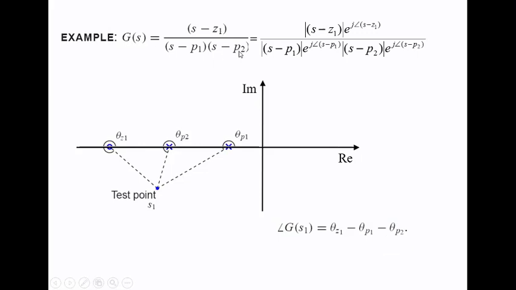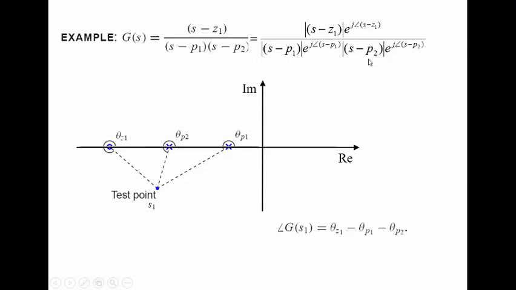If we look deeper into complex number algebra, we can write s minus z1 as a complex number in terms of its magnitude and its angle. The magnitude is the absolute value of s minus z1, and the angle is given by the exponential of j times the angle of s minus z1. Similarly, the pole can be represented by its magnitude, the absolute value of s minus p1, and its angle, exponential of j times the angle of s minus p1.